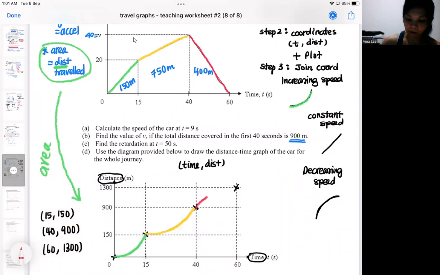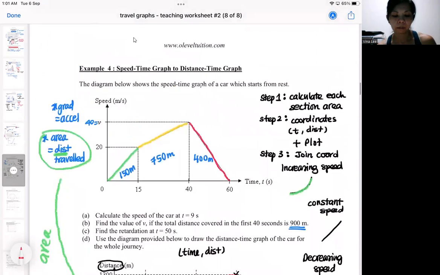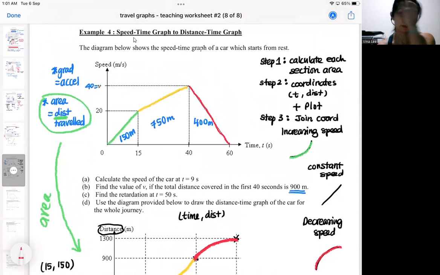So it will be like this. So you got to indicate each of the coordinates and then how you join them. Okay, so that's one of the more difficult conversion. And that's one of the more popular question during exam.